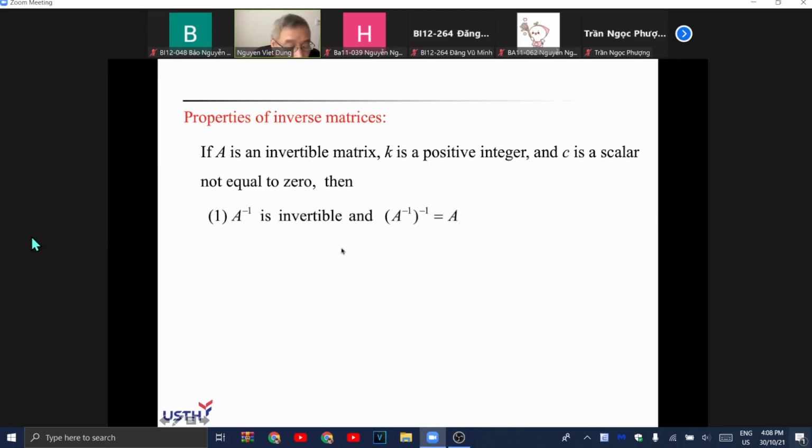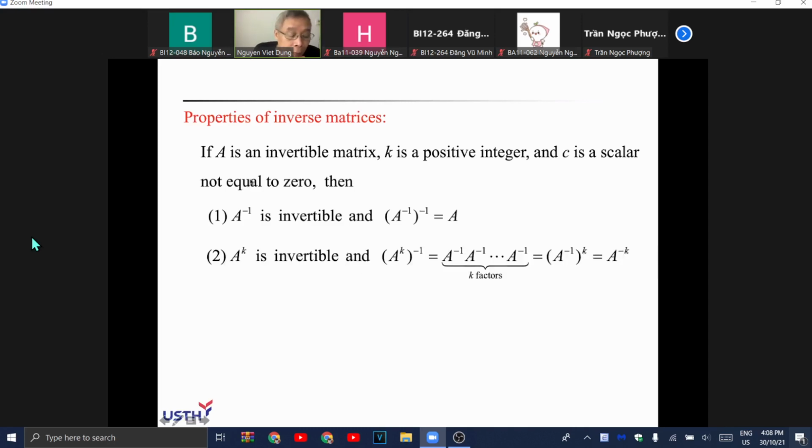The first property says A inverse is again an invertible matrix, and the inverse of that is A again. You can see that from the definition of invertible: if B is the inverse of A, then A is the inverse of B.